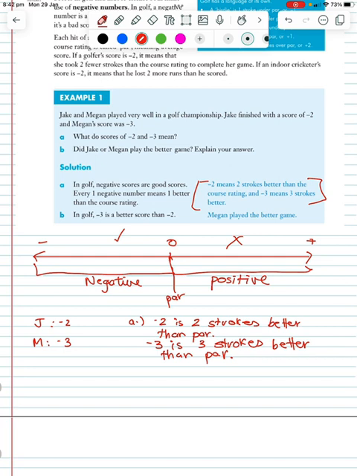Just something along those lines, because it's just wanting you to explain or describe what those scores mean.